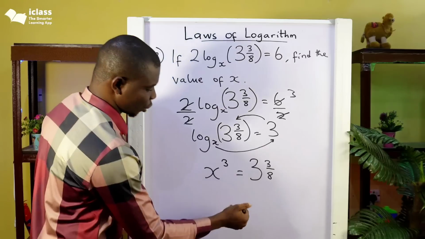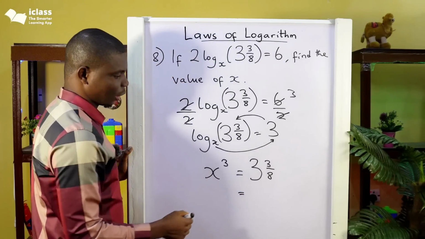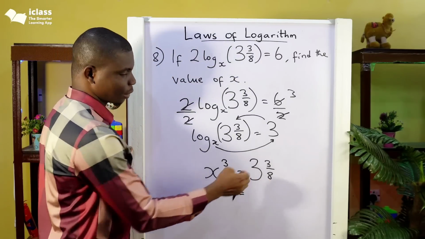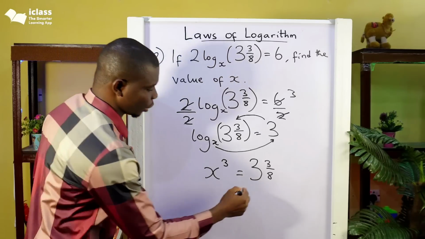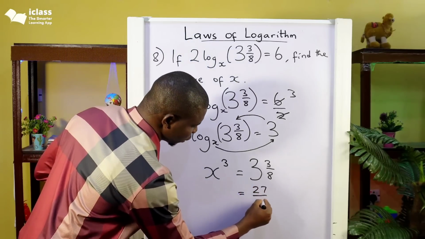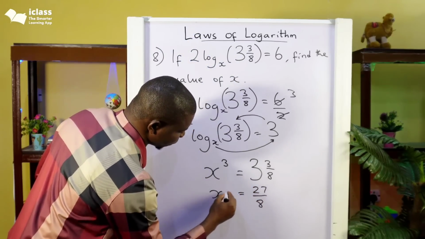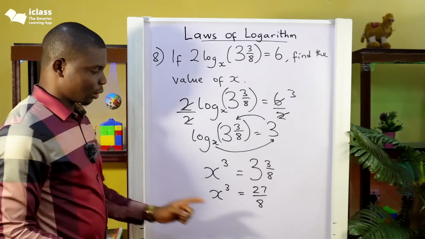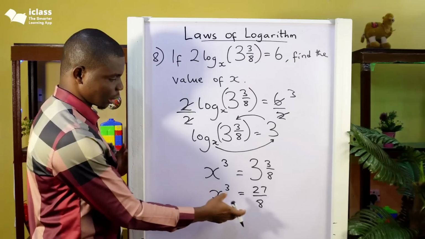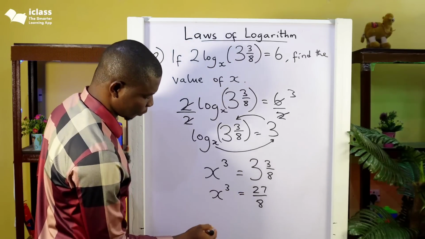So let me change this from a mixed number to an improper fraction. 8 times 3 is 24 plus 3 is 27. We have 27 over 8 is equal to x raised to power 3. Now, this 27 over 8, I can write it as an index to power 3.